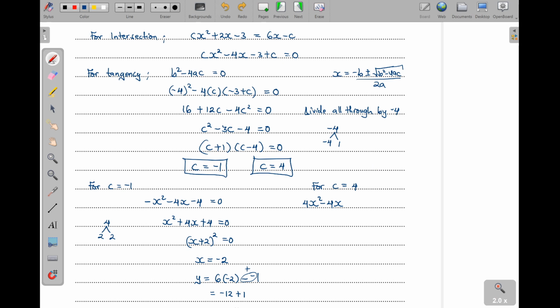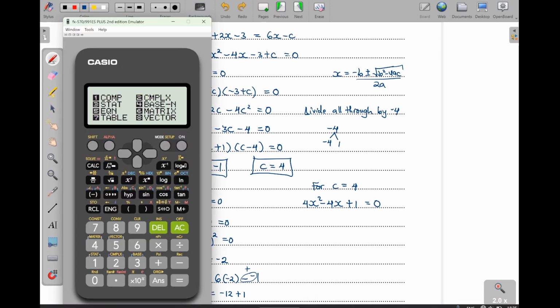So we shall have plus 1, which is equal to 0. Here, I can use the calculator straight away. It's a quadratic equation, so I come to equation, then 3, and put in 4, negative 4, and positive 1. So we get a half, which is only that a half.